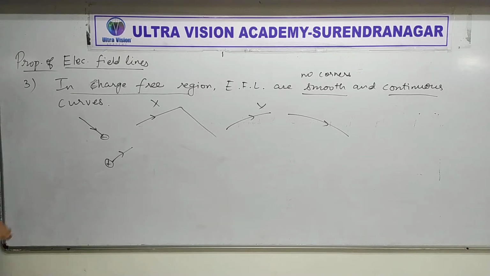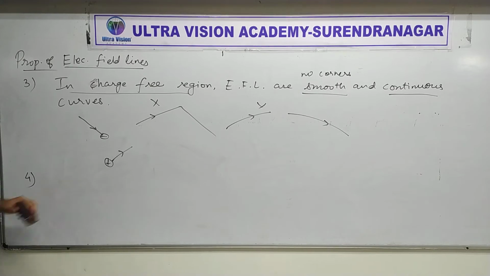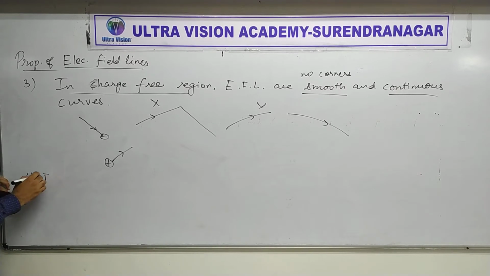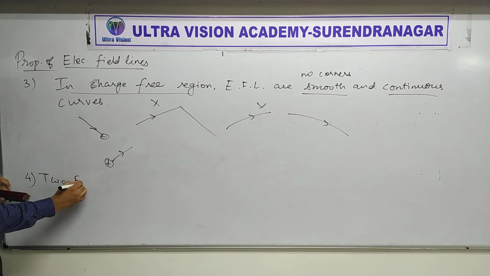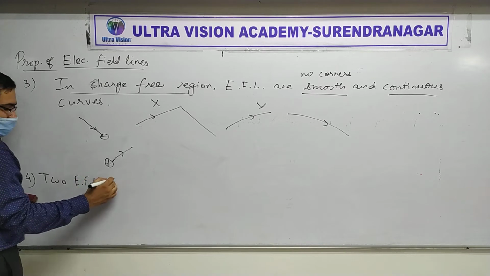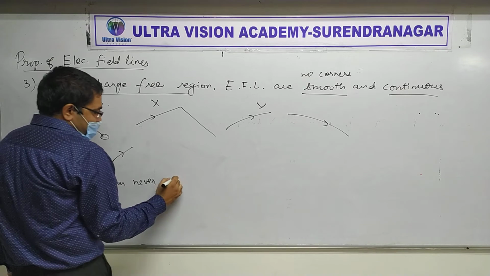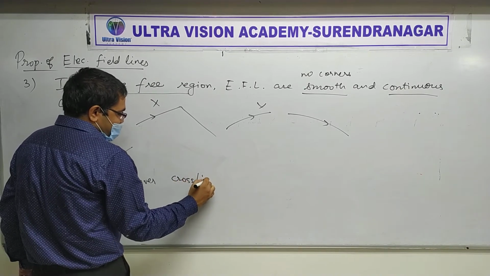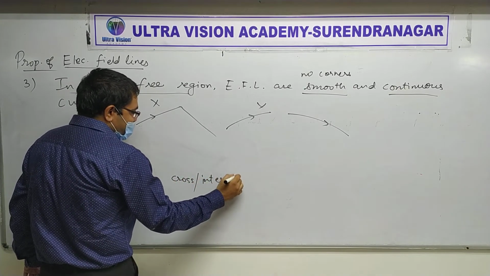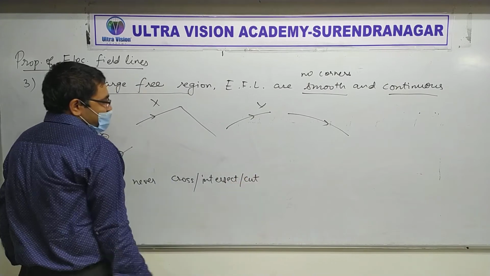Let's go to the next one, number 4. Two electric field lines can never cross or intersect or cut each other.